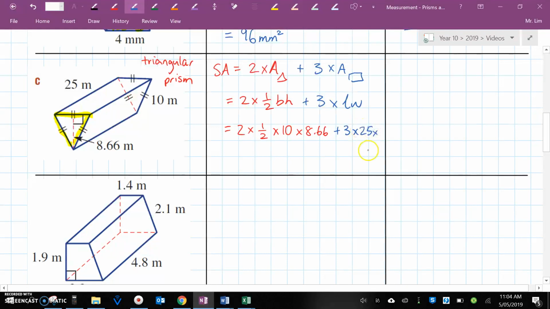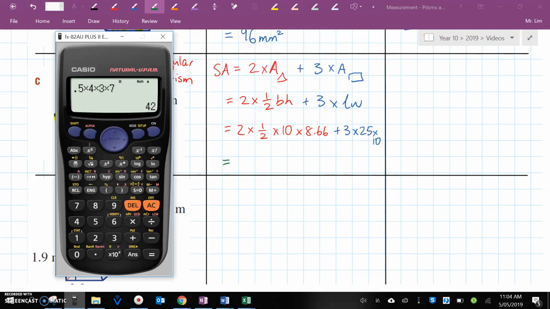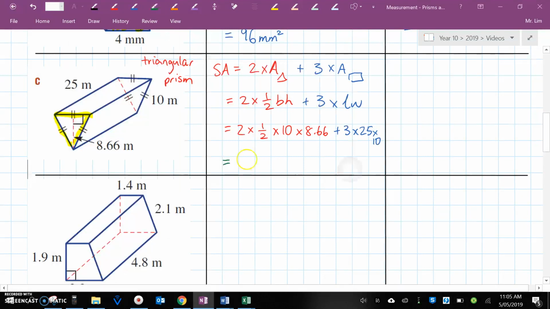And the width is 10. That gives us an answer of 836.6 meters squared. Okay, because we're talking about surface area.